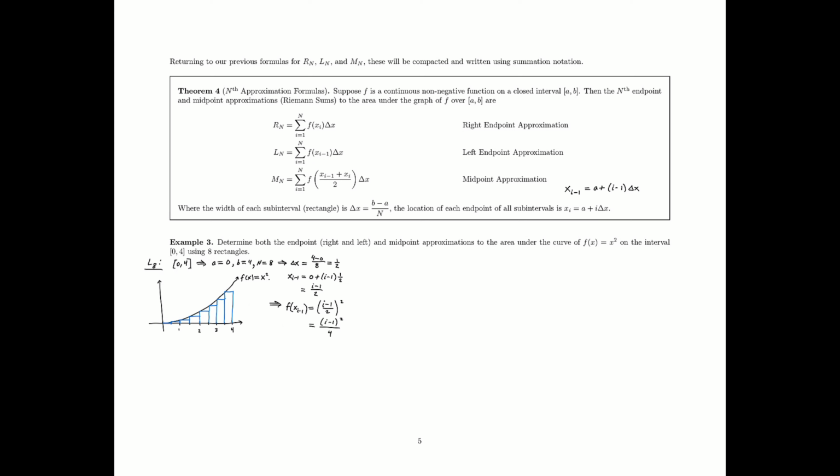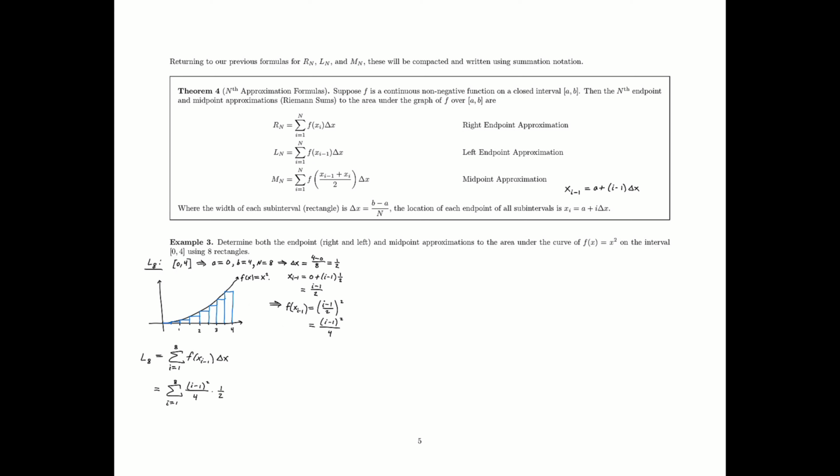So L sub 8 is the sum from i equals 1 to 8 of our f of x sub i minus 1 delta x, which is our sum 1 to 8, our function i minus 1 quantity squared over 4 times our delta x, which is 1/2.